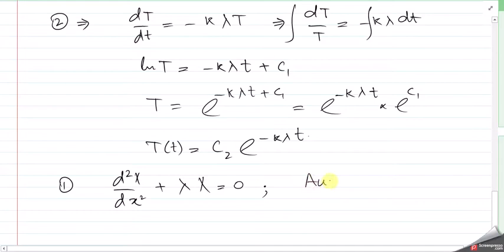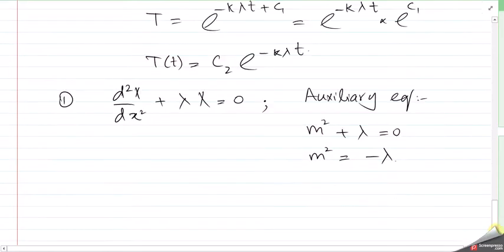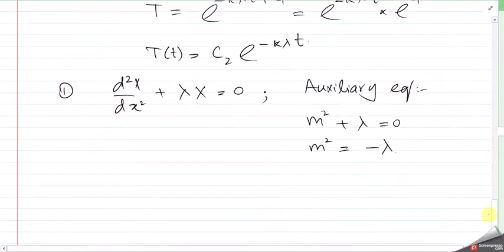So the auxiliary equation we write is m square plus lambda equals 0, and that gives m square equals minus lambda. Now we don't know what lambda is here. It's some constant. If lambda is 0, then we get the roots 0, 0. If lambda is positive, then we get imaginary roots. And if lambda is negative, then we get real roots. So it gives rise to 3 cases here, and we will discuss them one by one.